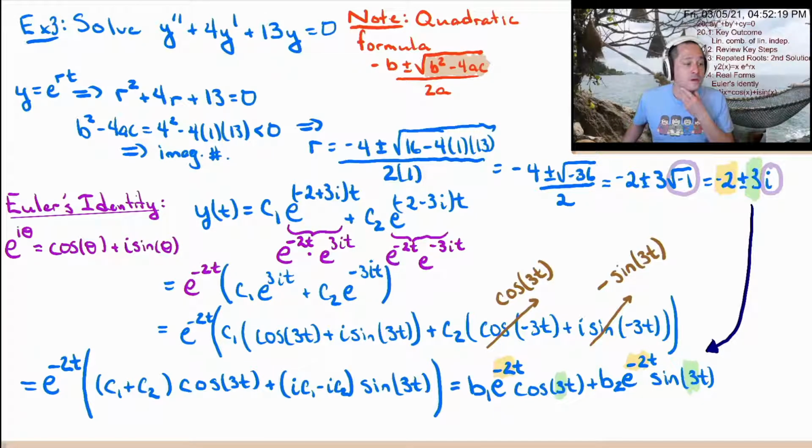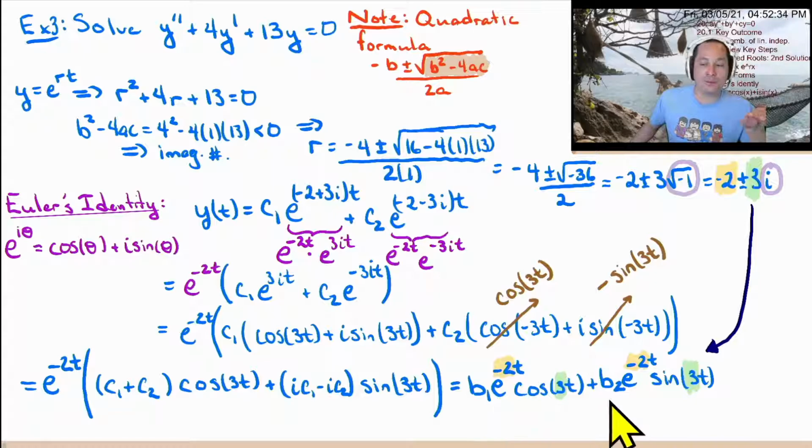Hey, Professor. When I solved the problem like this in the worksheet, I just used the same C1 and C2 the entire way through. Is that okay? That's totally fine. At this point, I would call them B1 and B2 because I'm using C1 and C2 in the previous step, so I'm obligated to rename in a less confusing way.